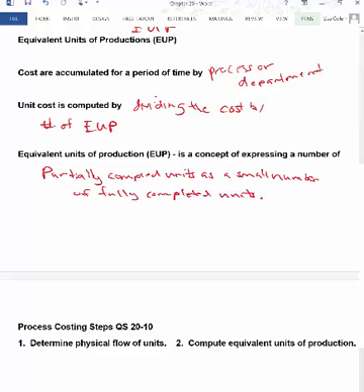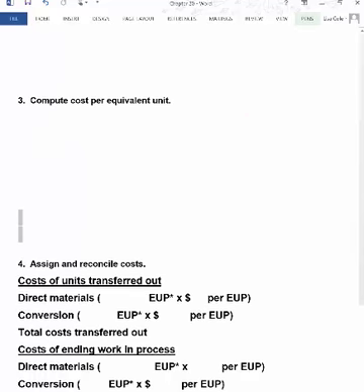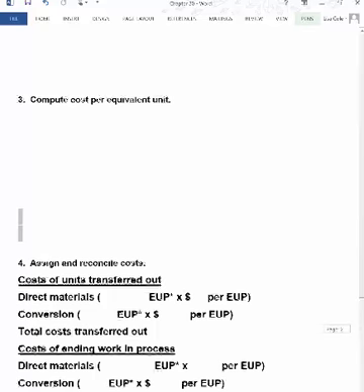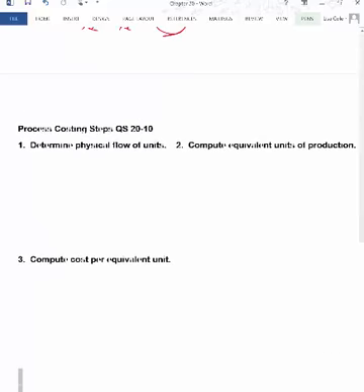I think they give you an example in the book where if you have a unit of a product that's half complete and another unit that's half complete, that means I have technically one full unit that's totally complete. The best way to explain this is to look at a problem. So we're going to look at Quick Study 20-10.